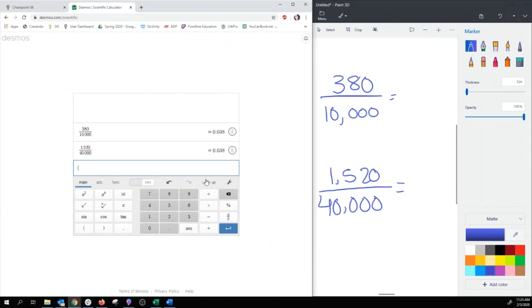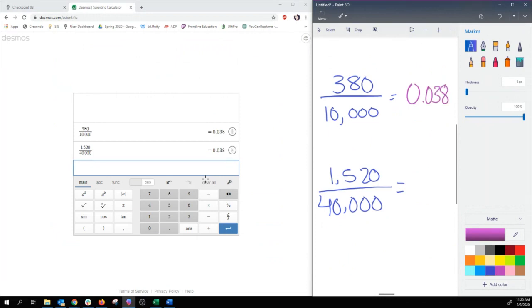All right, so when I divide both of these out, I get 0.038. So are these decimals that I get the same? Yes, exactly. So since they're the same, are they proportional? Perfect. So these are proportional.